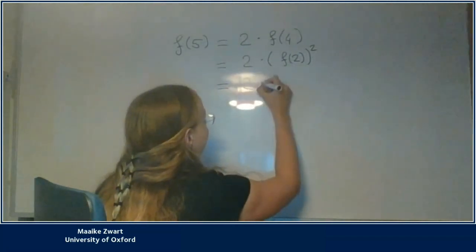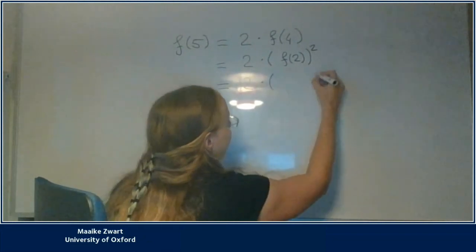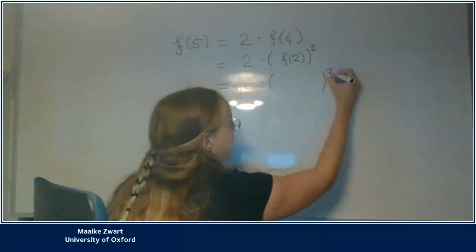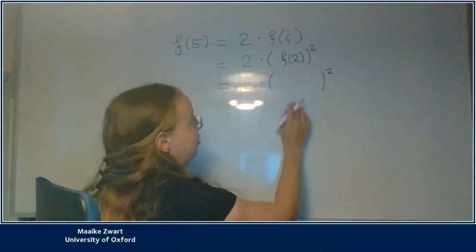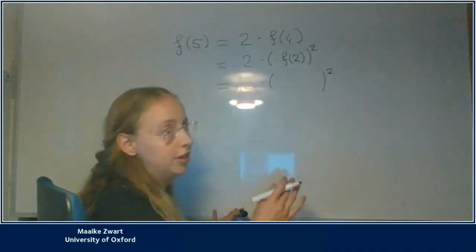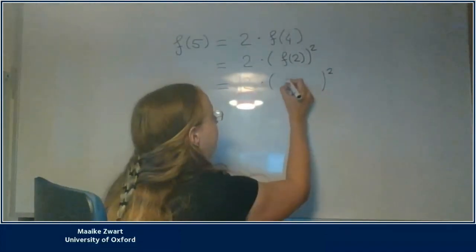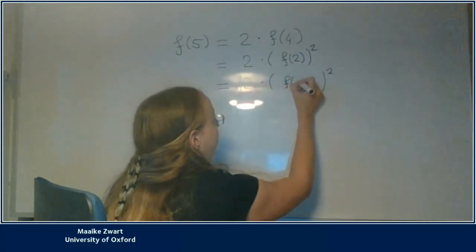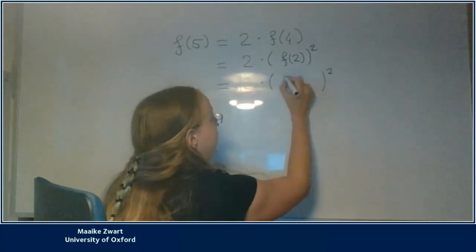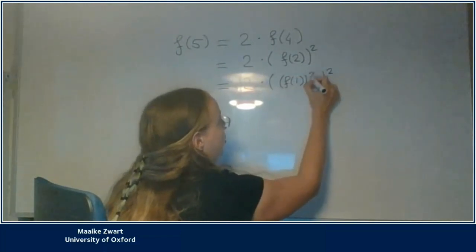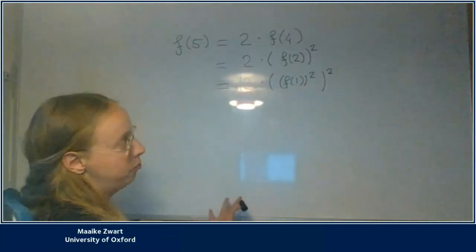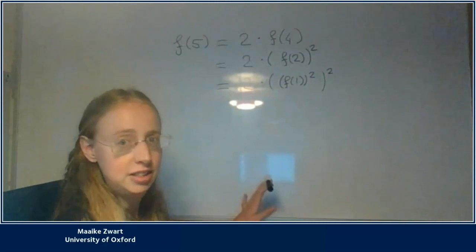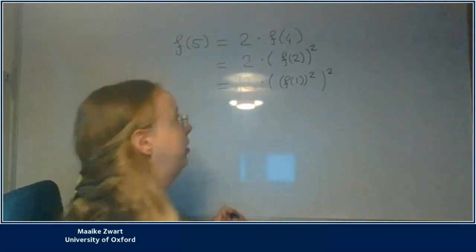This f of 2 is now of interest. So we had this squared bit, and now I want to know f of 2. Well, 2 is even, so f of 2 is f of 2 divided by 2, which is 1, squared. There's a lot of brackets there. That's a bit scary, so I'm going to simplify that a bit.